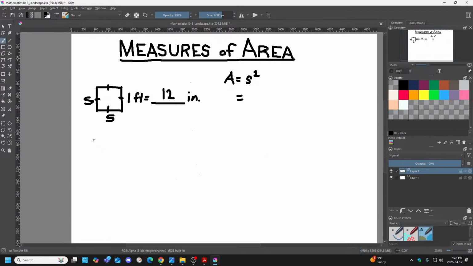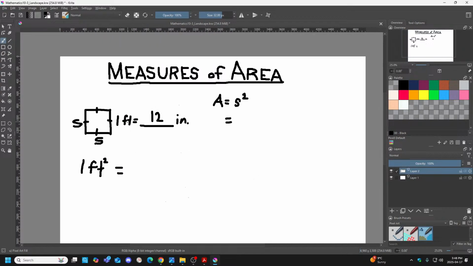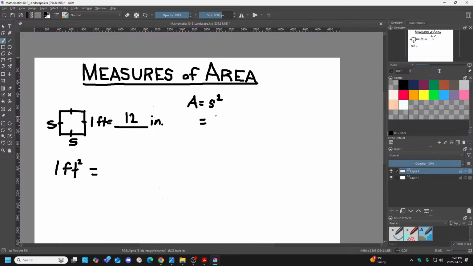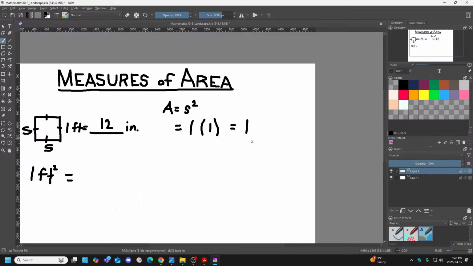Okay, so 1 square foot, well, obviously is going to be 1 foot squared. Okay, now we can do the math here with 1, right? Let's say it's 1 foot. Well, all we're doing is multiplying 1 times 1, guys, right? Now, when we're converting stuff, 1 doesn't really have much of an effect on a value, right?